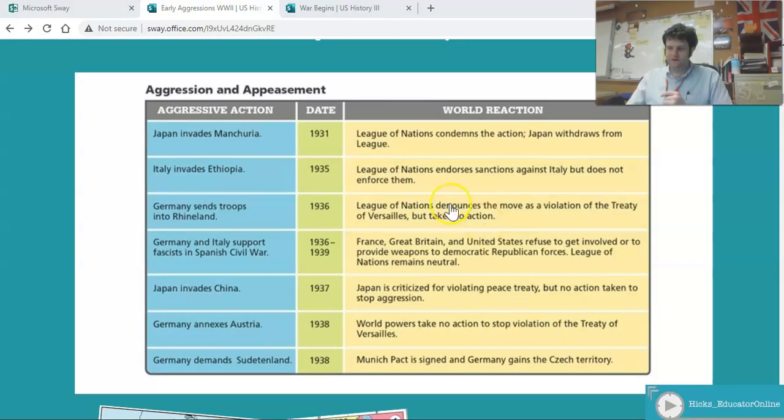Here's a chart that shows some of the aggressions. I believe it's found in your textbook. But the Germans, the Italians, and the Japanese all sought to expand. Speaking more on the German Nazi example, the Nazis sought something called Lebensraum, which is translated as living room or living space.